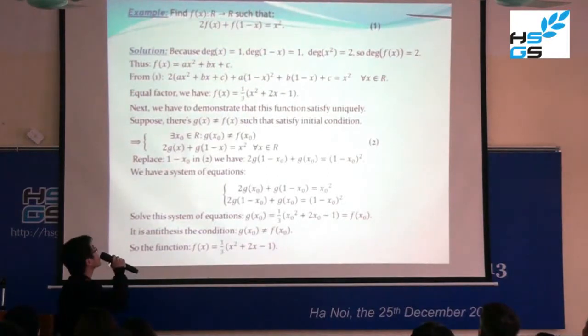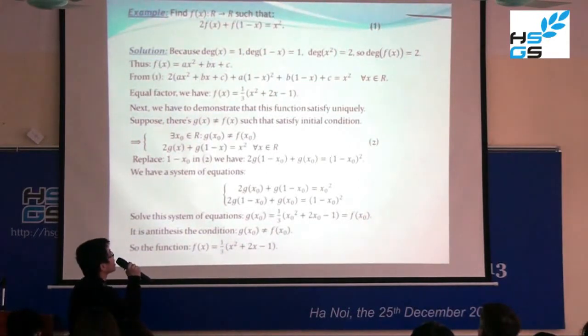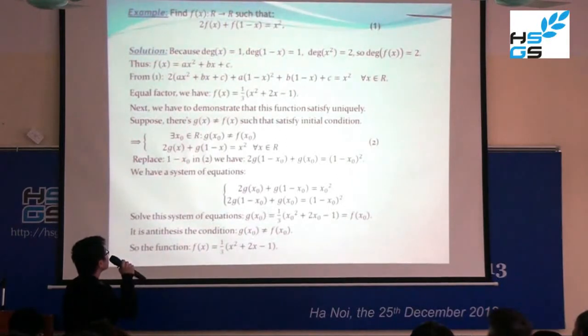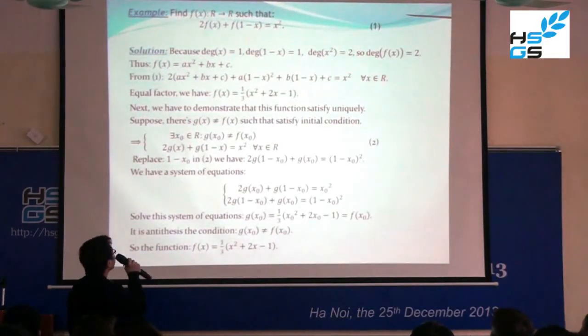Based on that, we have f(x) equal to the factor. We have f(x) equal to 1 squared x plus 2x minus 1.